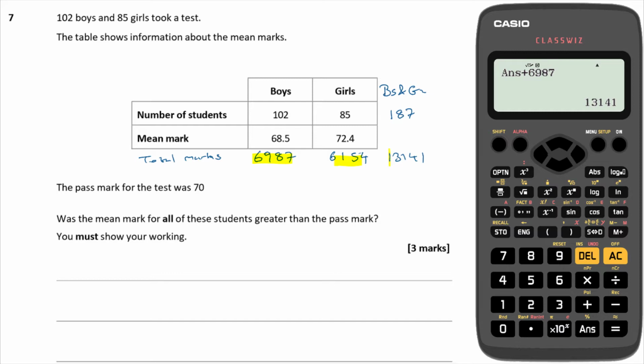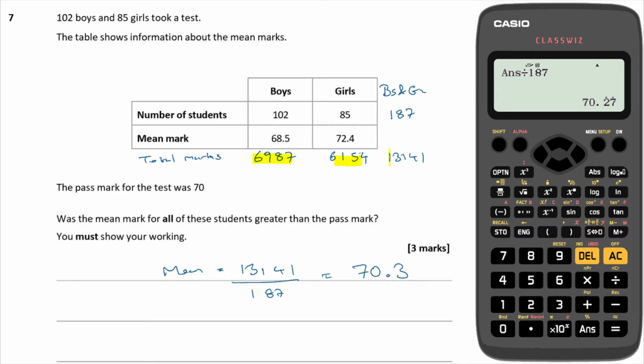I can say that the mean is going to be the total scores for the B's and G's, 13141, divided by the number of B's and G's, 187. What's that then? Divided by 187, that comes out to be 70.27 recurring. Just going to round that off to 70.3.